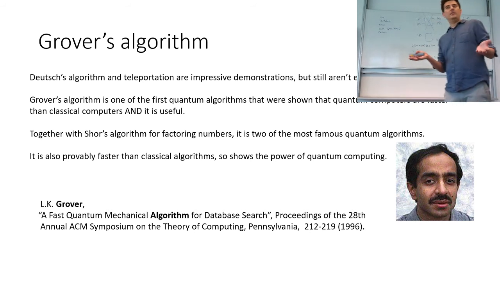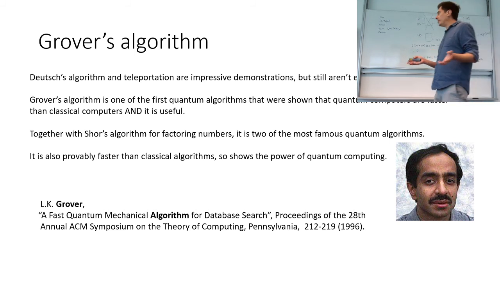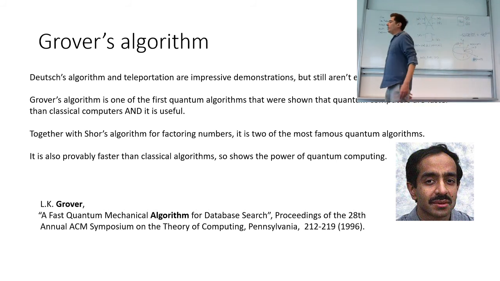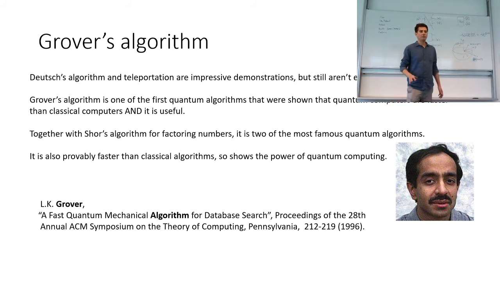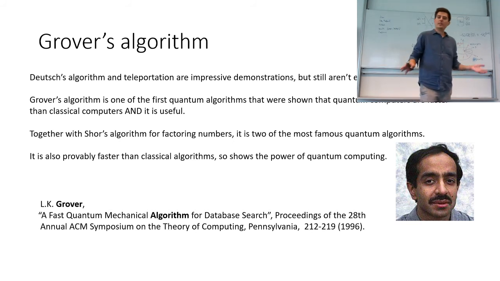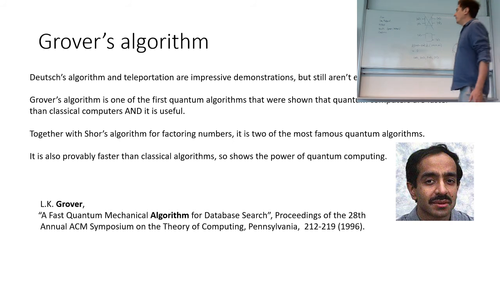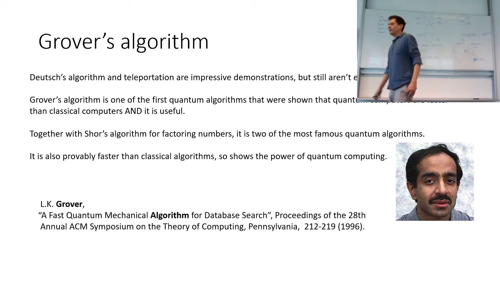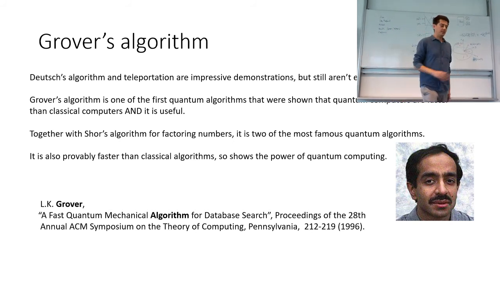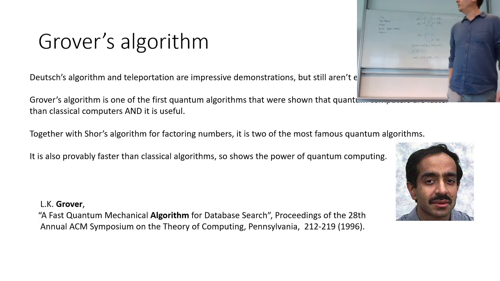Maybe it just hasn't been discovered yet. But in the case of Grover's algorithm, you can prove, or it's more or less obvious, that there's no algorithm that could possibly be any faster than the classical algorithm that I'll show you.